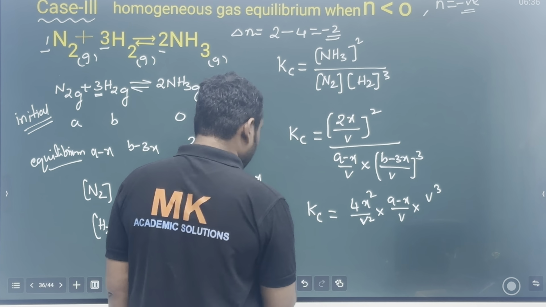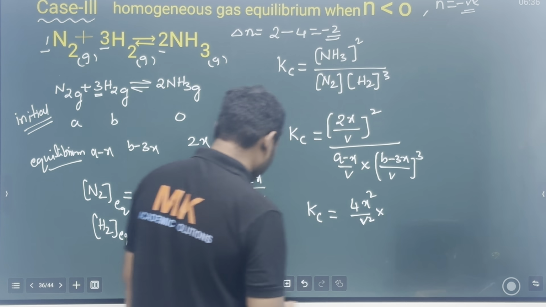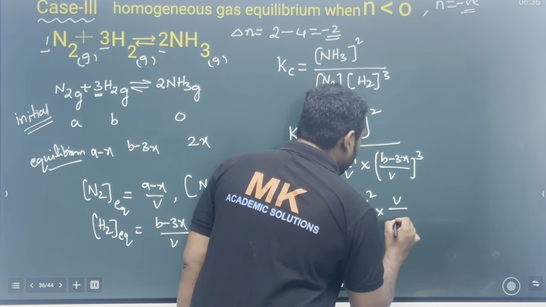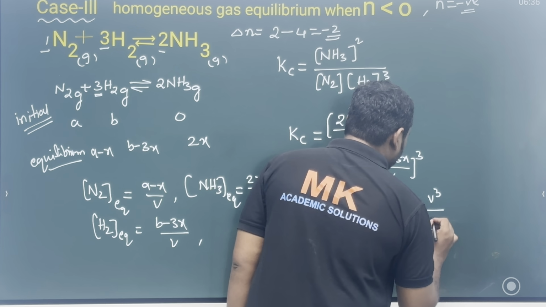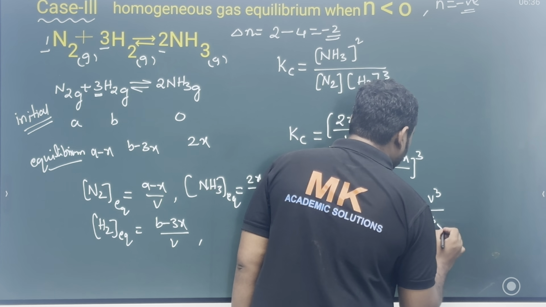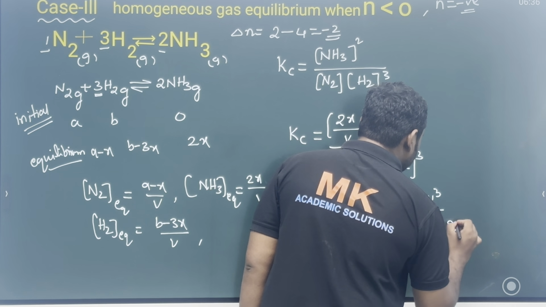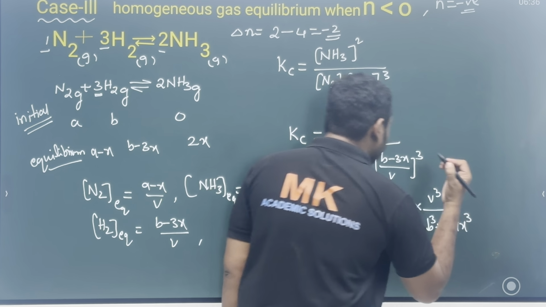Sorry, this term was wrong. So here V by A minus x into V cube by B cube minus 27x cube. This you will get.